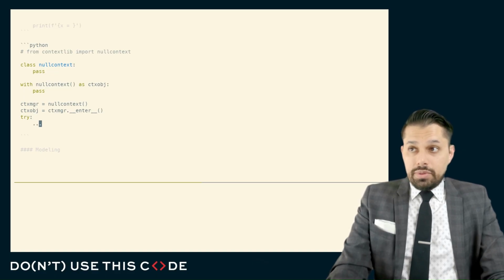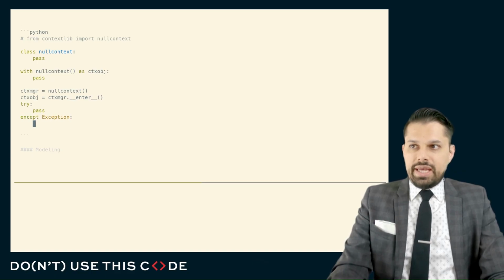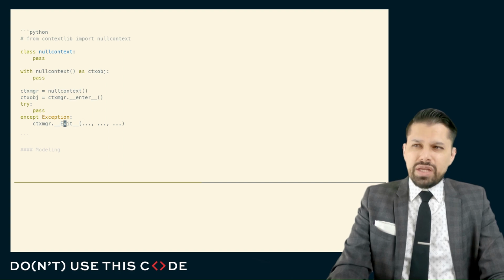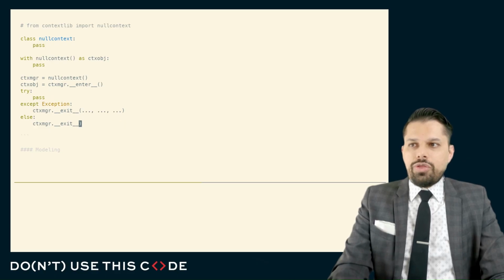We'll try to do the body of this context manager with statement expression. And if we see an exception, we'll call on the context manager the exit method with 3 arguments, the exception value, the exception type, and the traceback. And so that's going to be a little bit tricky for me to pull out of this exception easily. But if we don't see an exception, we'll just pass 3 None values.